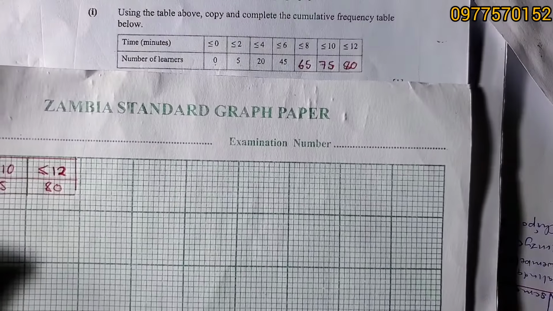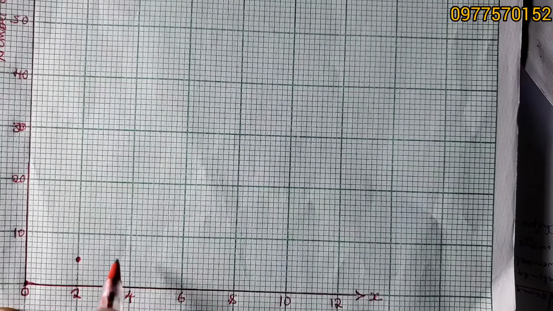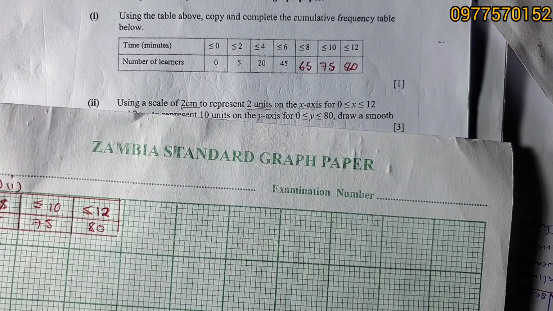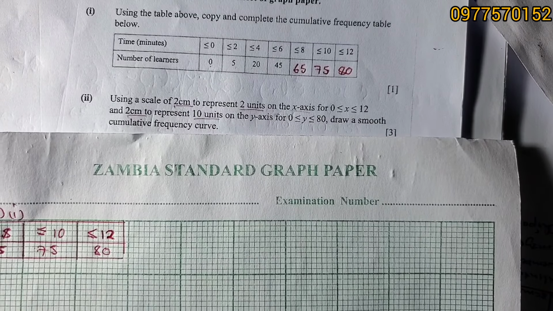The next coordinate is 4, 20. All right? So we have 4 here, then 20 is here. Next coordinate is 6, 45. So 6 is here, 40 is here.